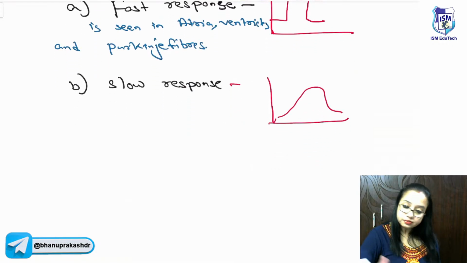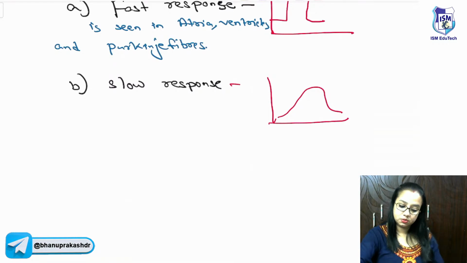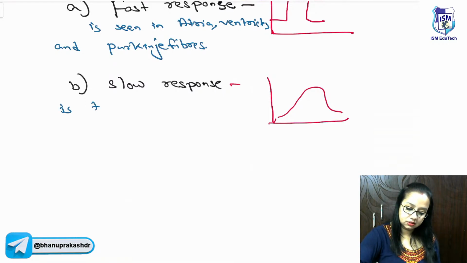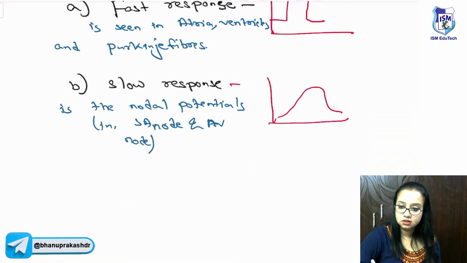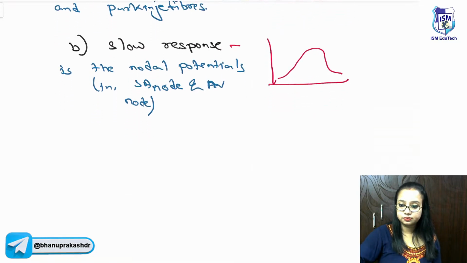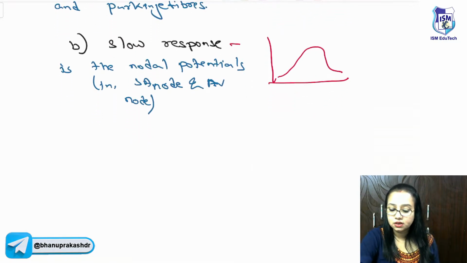Whereas the slow response is the nodal potentials, that is, in the SA node and AV node.